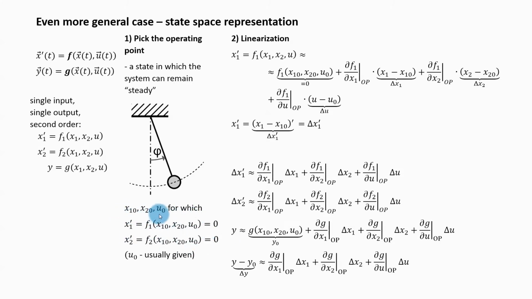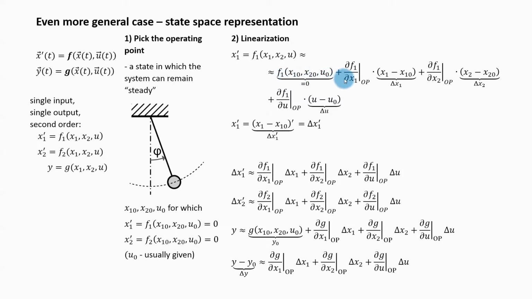When I find the operating point, I can start with the actual linearization. This again will be based on the Taylor series. This function f1 I can approximate by this Taylor series. The constant term will be given as the value of the function f1 at the operating point.